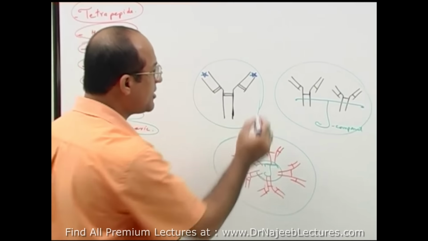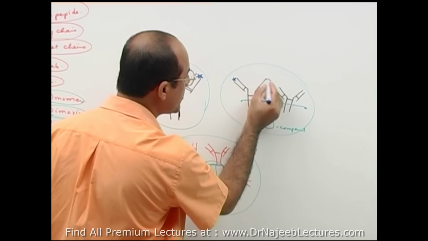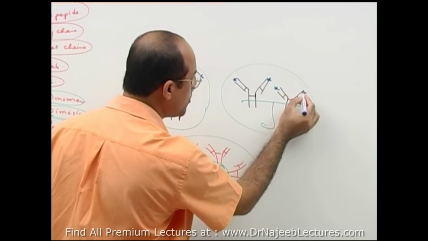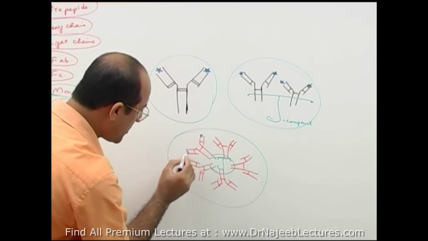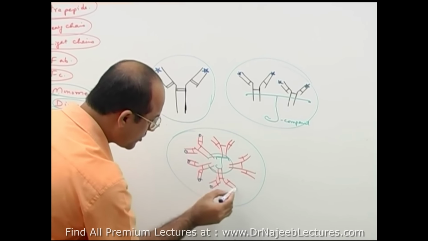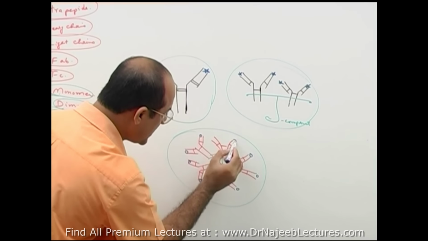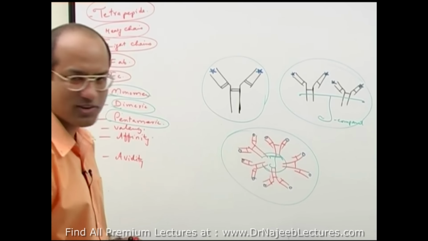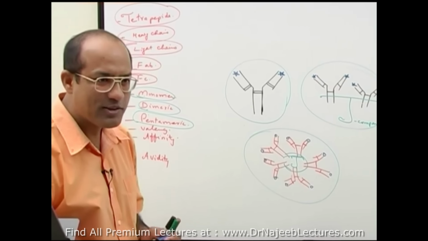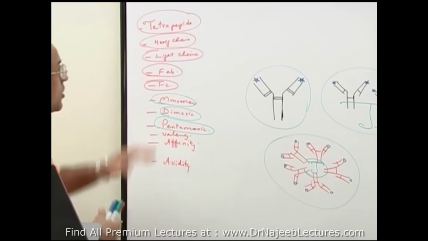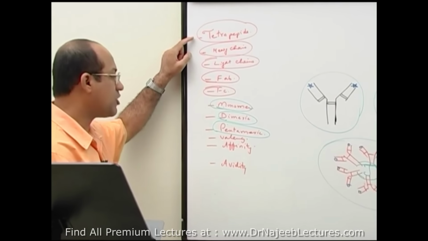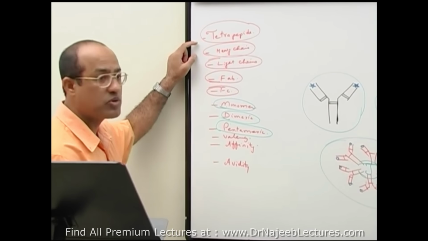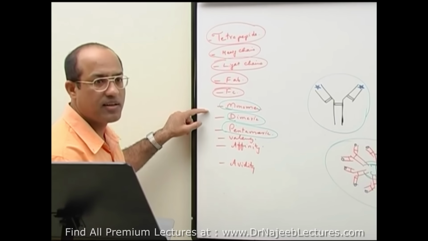And this molecule is tetravalent. And this molecule, yes, it can bind how many antigens? 10. So it should be decavalent. You understand it?